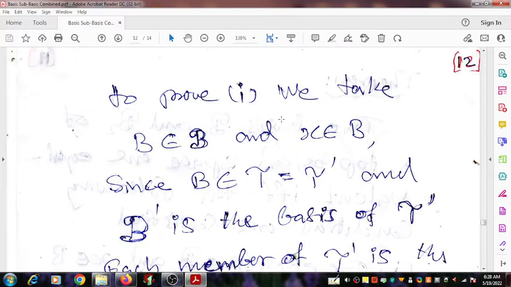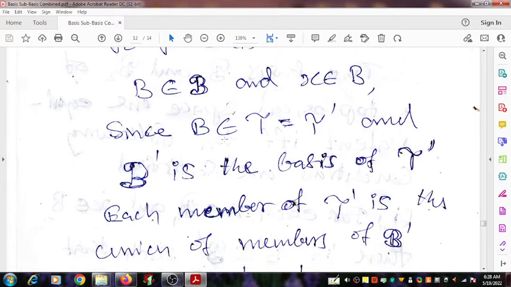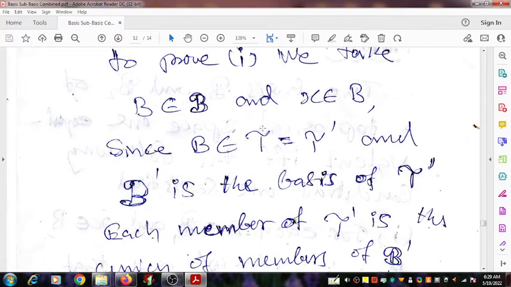Now to prove one, we take a member of script B, the first basis. Let B be a member of the first basis, and let x be an element of B. We know that B is an element of the topology tau, because script B generates the topology, so script B is a subset of tau.